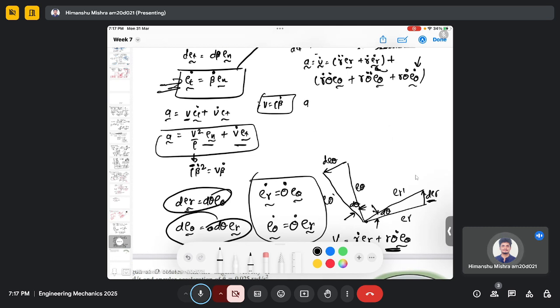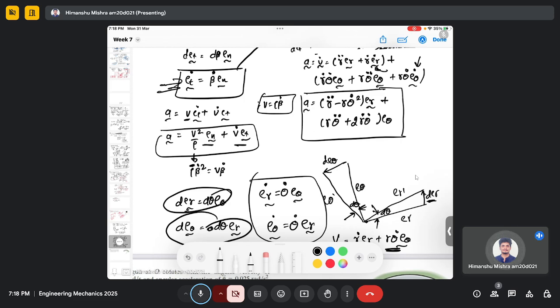So when you use this, you will have the expression of acceleration in the polar coordinate as R double dot minus R theta dot square ER. This is the radial component of acceleration, and R theta double dot plus 2R dot theta dot. This is the theta component of acceleration.